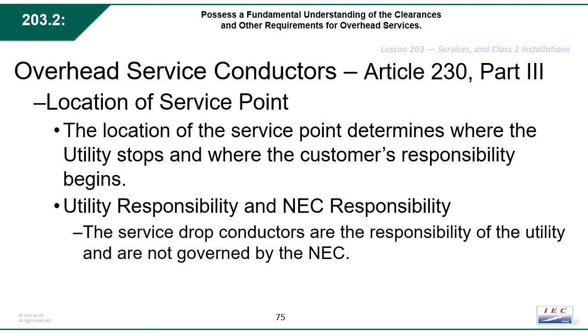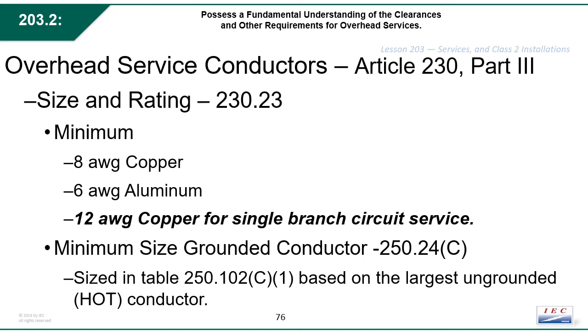Overhead service conductors, locations. You're going to find that in Article 230. Minimum sizing. The smallest size copper for a service overhead is 8 gauge copper, 6 gauge aluminum, or 12 gauge copper for a single branch circuit service only, meaning that service only has one branch circuit.